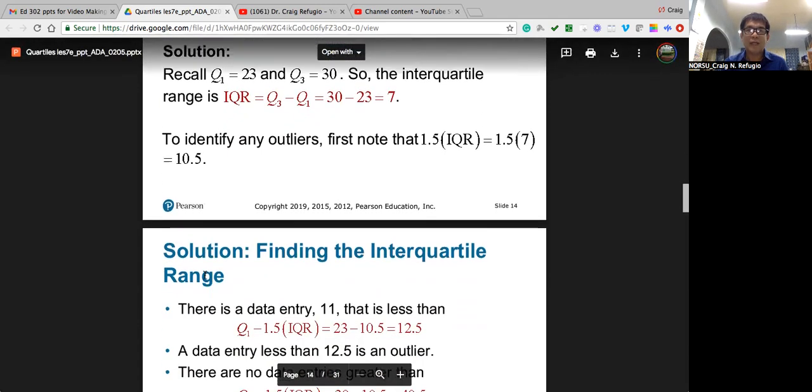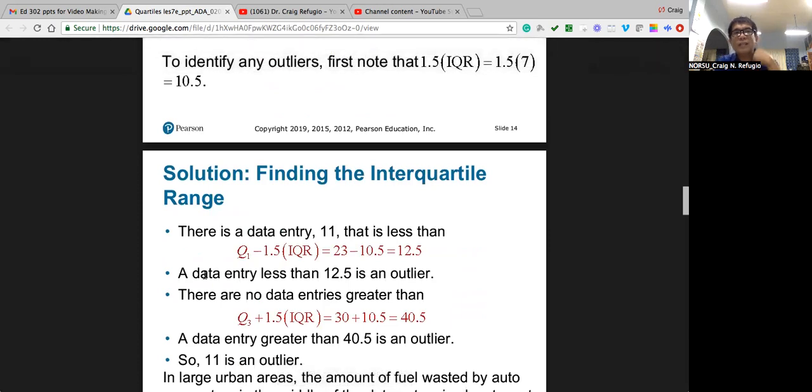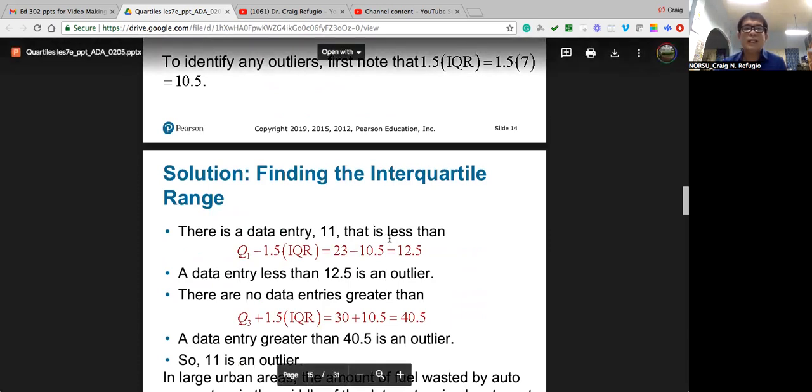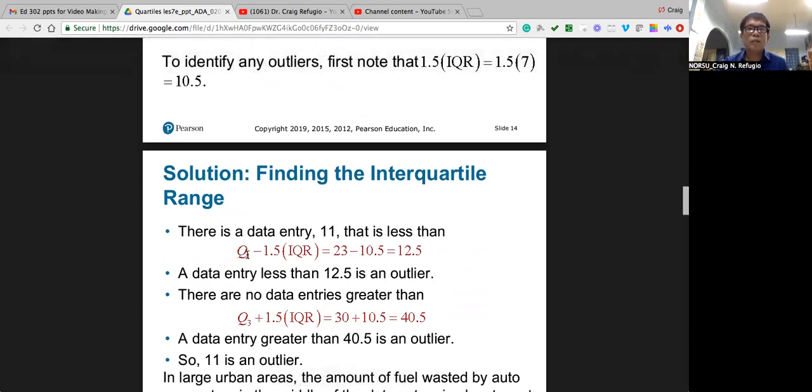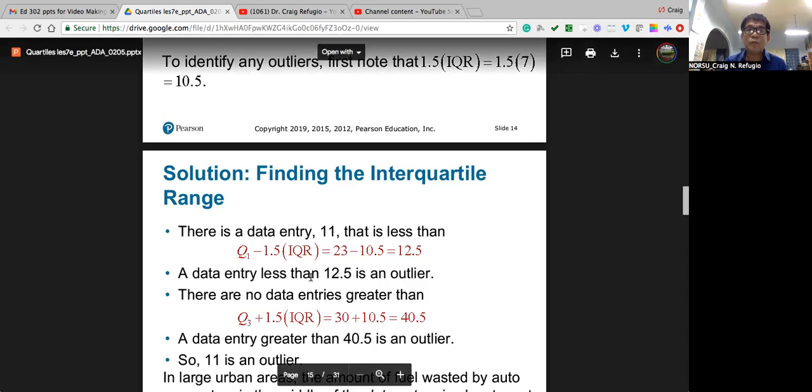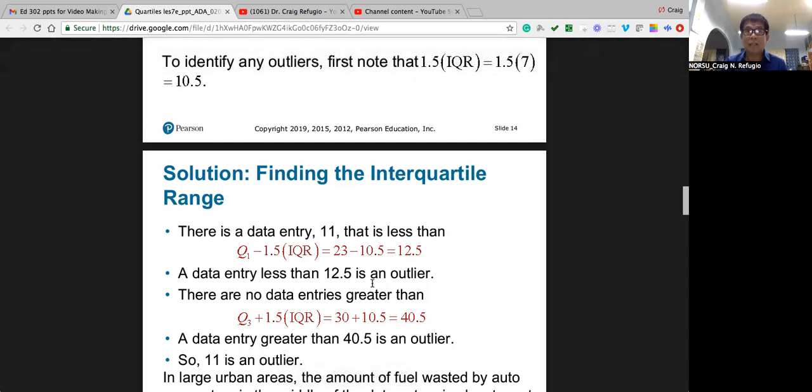So 10.5. There is a data entry 11 that is less than Q1 minus 1.5 times IQR. That's 23 minus 10.5, so 12.5. So any data entry less than 12.5 is an outlier.